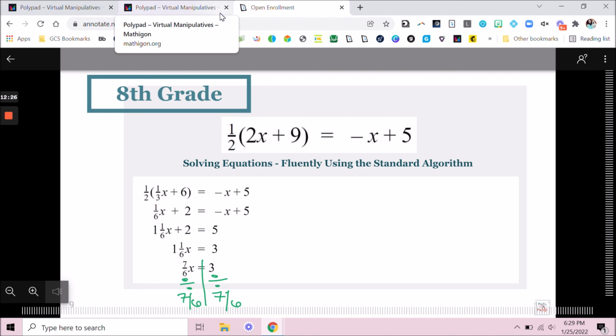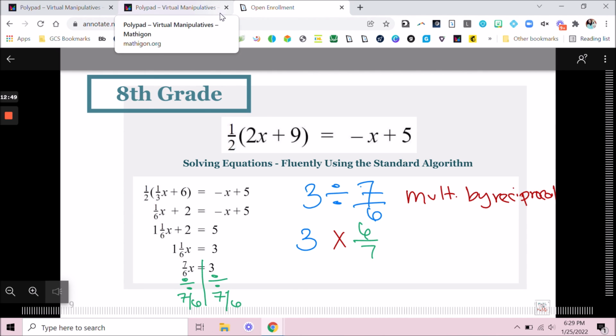So what I'm really looking at is 3 divided by 7/6. So I know that I can solve that by multiplying by the reciprocal. So what I'm really going to do is take 3. I'm going to multiply by the reciprocal of 7/6, which is 6/7.